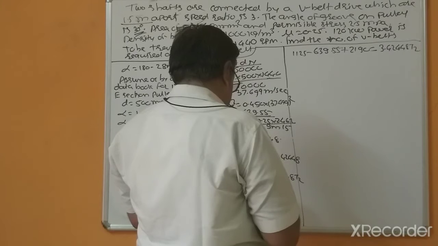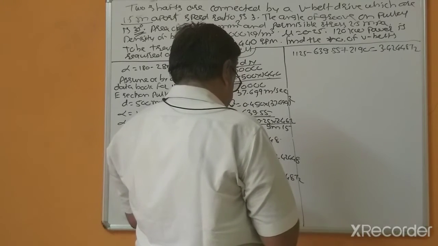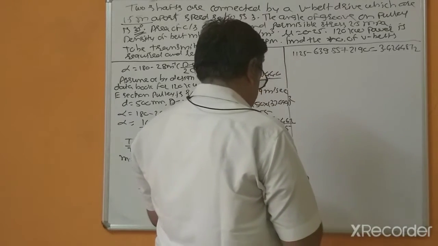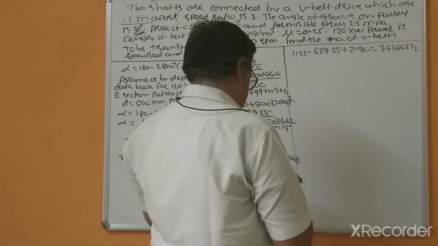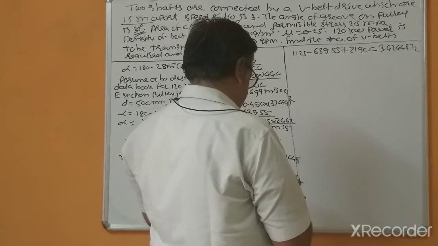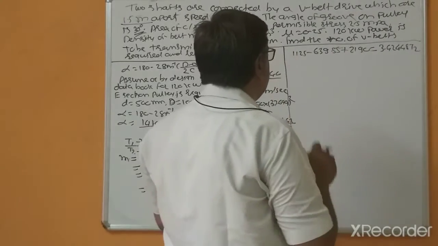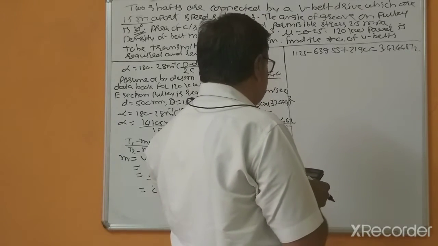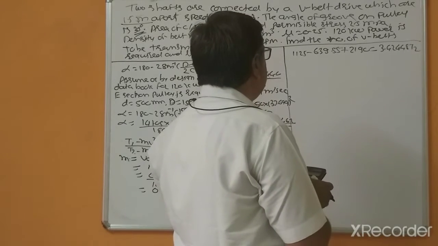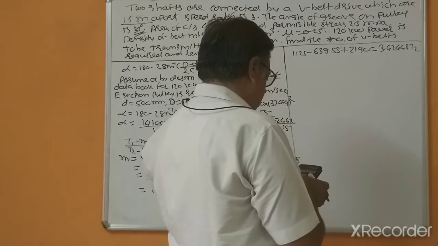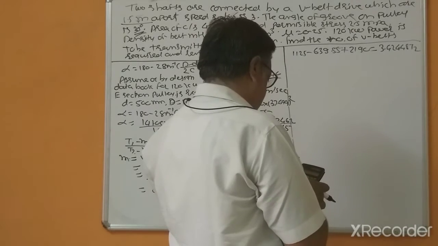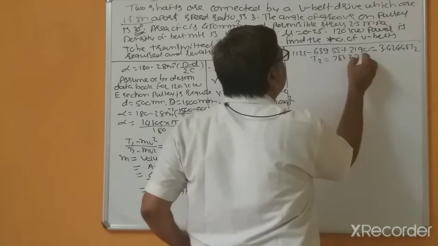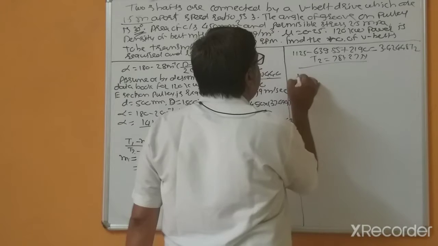So T2 equal to (2190 plus 1125 minus 639.55) divided by 3.42448. T2 equal to 781.27 Newton.